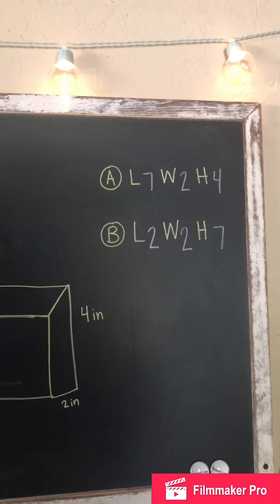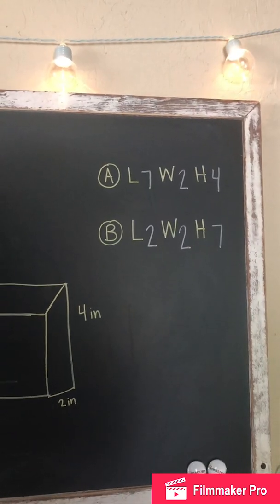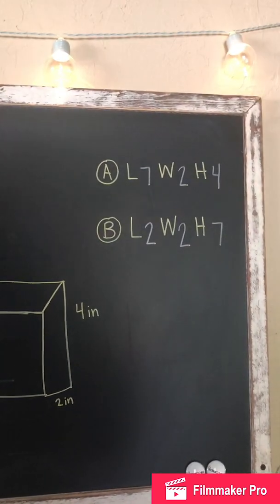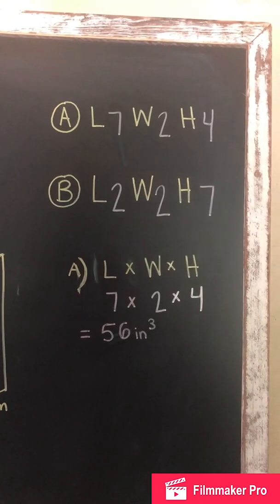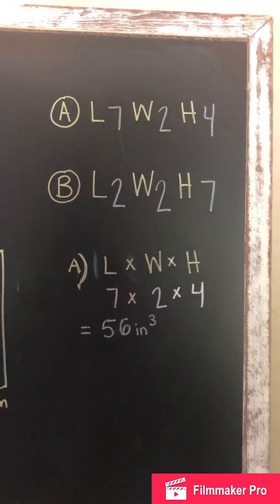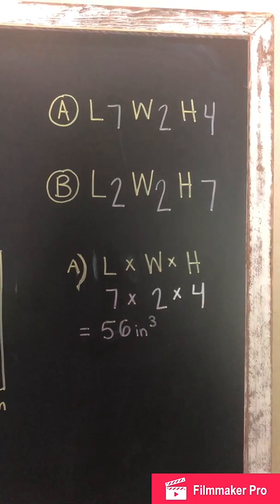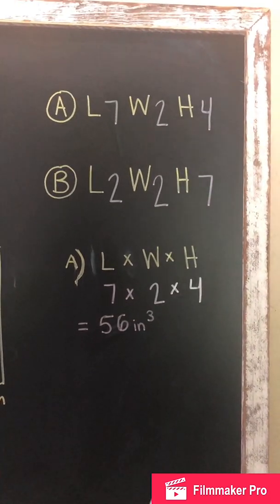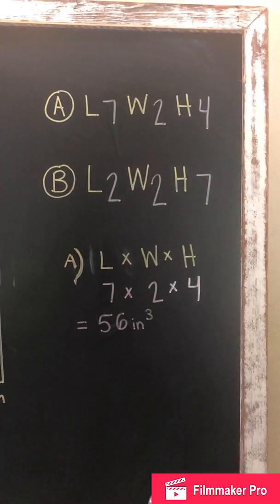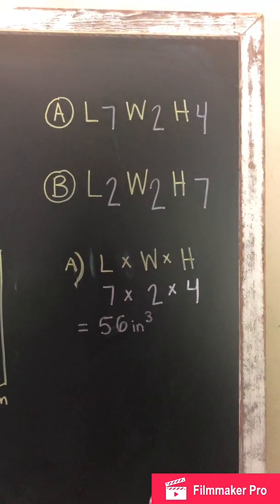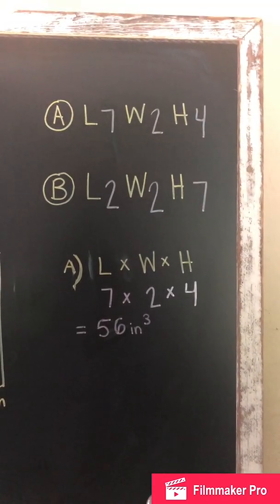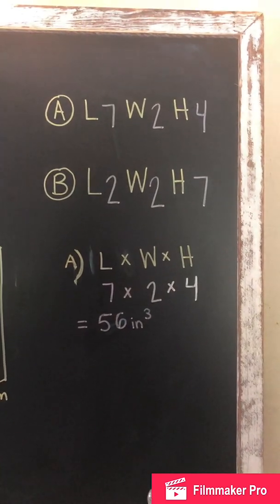So all we have to do is multiply those numbers in rectangular prism A's dimensions. Since we have all of these dimensions, I went ahead and plugged in our numbers. So our formula is length times width times height. Our length is 7 for rectangular prism A, our width is 2, and our height is 4.